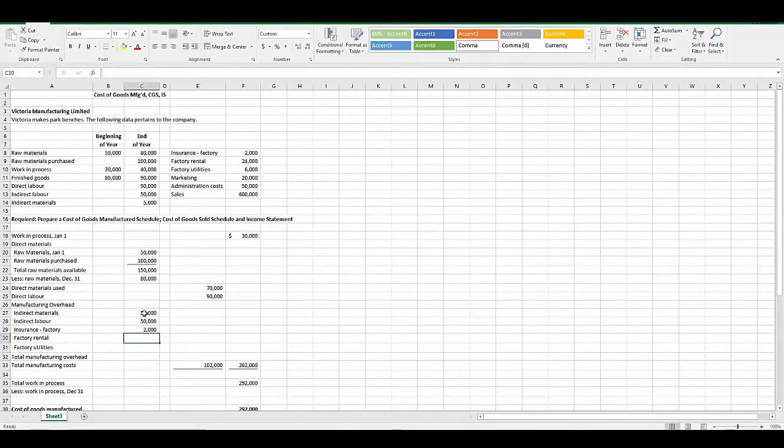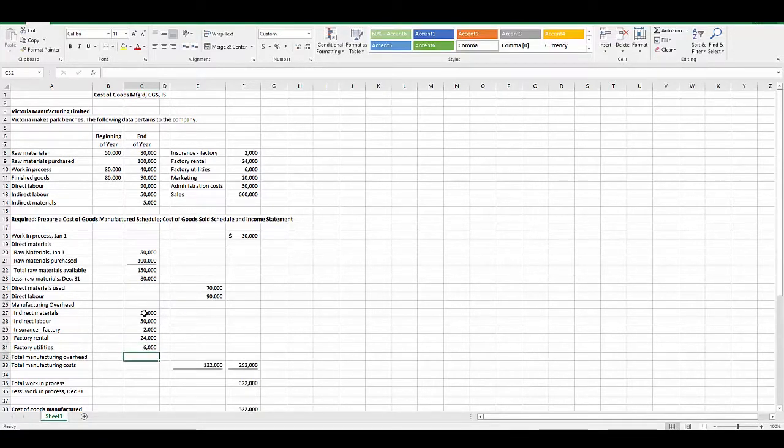And we have, of course, the factory rental costs, which is $24,000. The final category for manufacturing overhead are the utilities costs. This would generally represent your heating and electricity cost. That amount is $6,000.